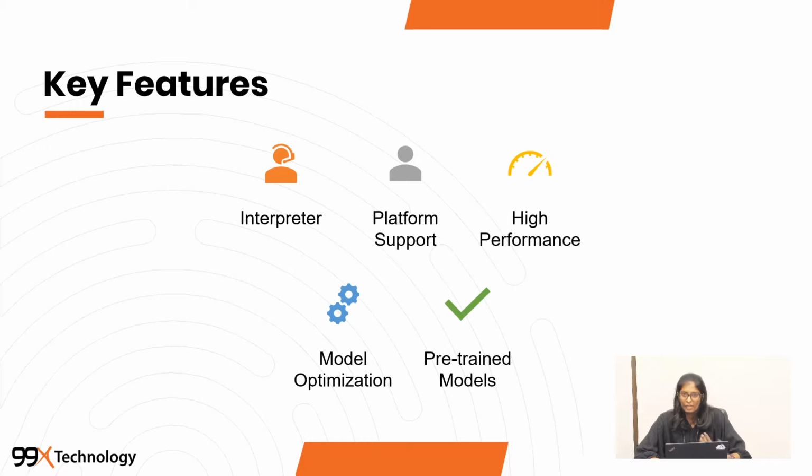When it comes to high performance, it goes for hardware acceleration like the Android Neural Networks API and also the GPU delegate, and likewise performance optimization. And as I have also mentioned previously, it talks about model optimization.